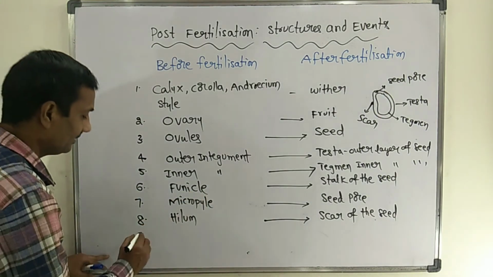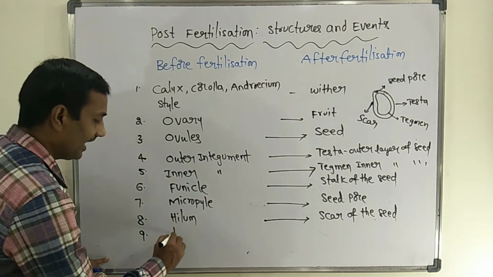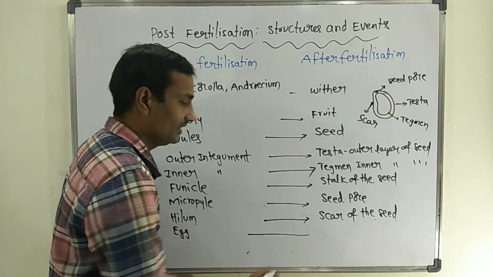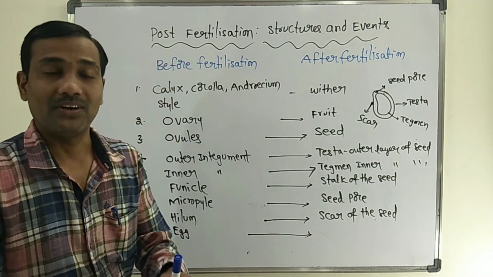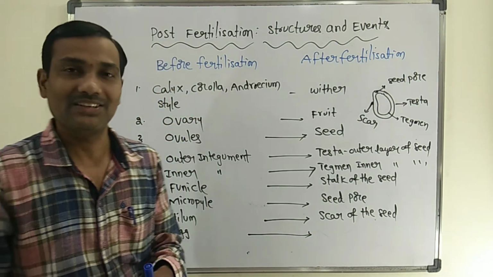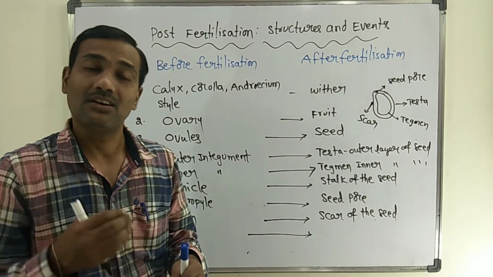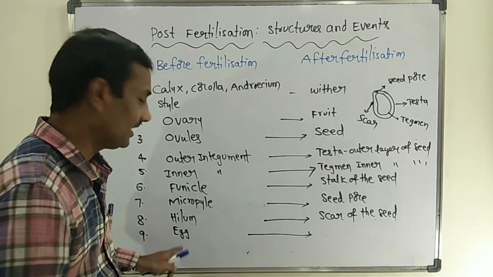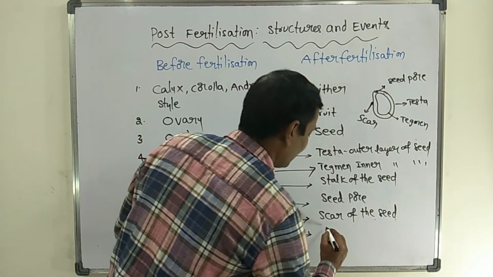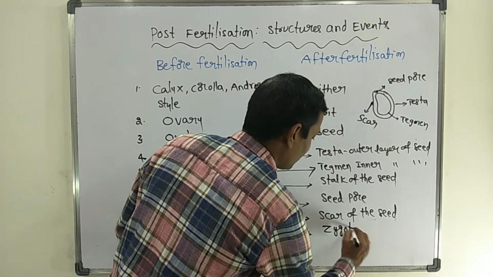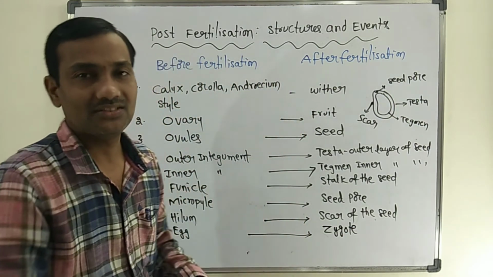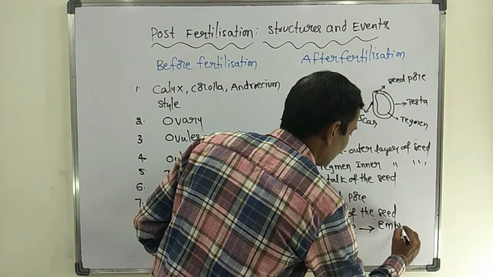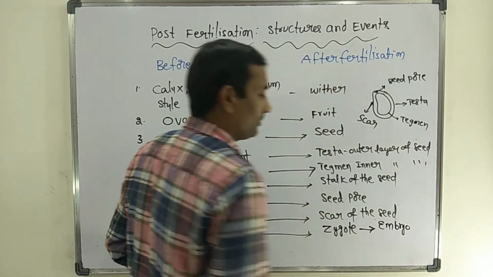Next, the egg cell will be there in the embryo sac. That egg cell, after fertilization, that is syngamy, or true fertilization, or real fertilization, or first fertilization, modifies into the zygote. Further, that zygote modifies into the embryo, because the embryo develops from the zygote.